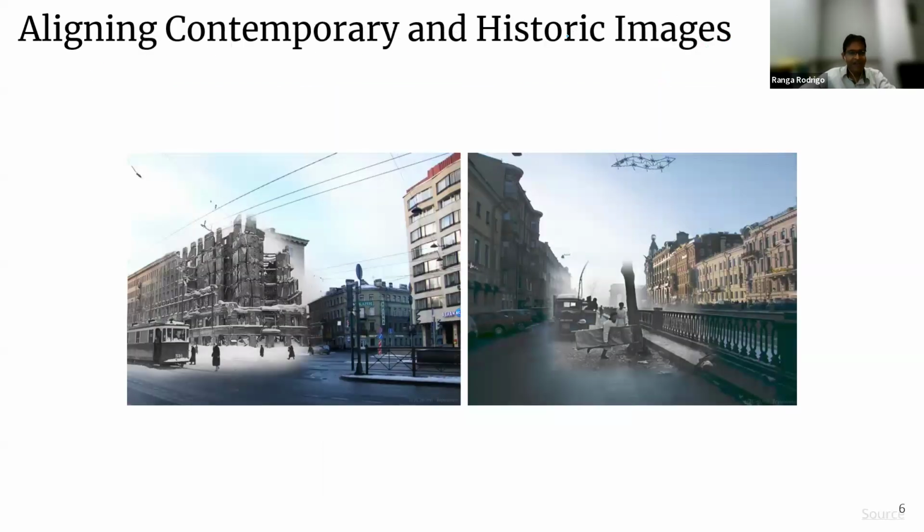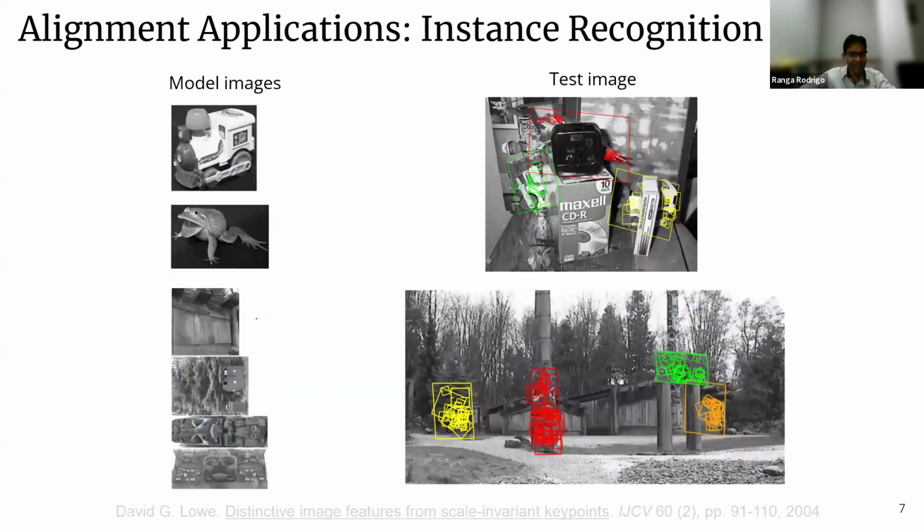And then contemporary and historic images, to look into the past. I showed you at the very beginning something like that. This is also an application. Then using these techniques, you can find objects in images. That is also possible. These are from David Lowe's work, finding these things in the image.